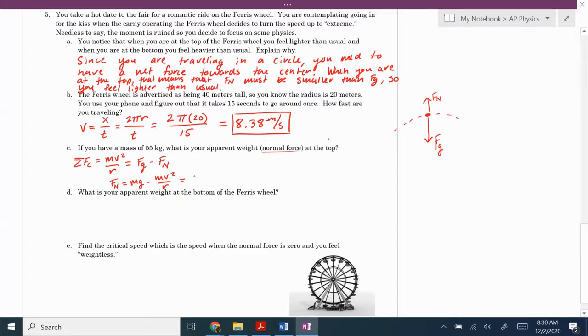So that's going to give you 55 times 9.8 minus 55 times velocity. I'm going to need a little bit more room here, sorry. I'm going to have to erase that.